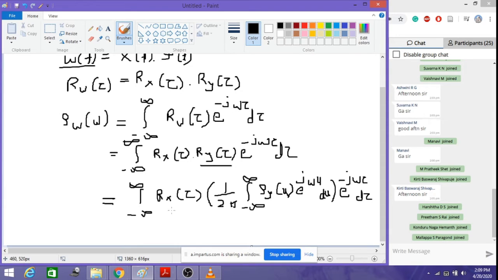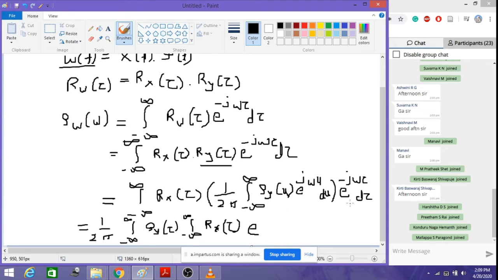Now we will interchange the order of integration. So we get 1 by 2 pi, which I'll take outside, into the integral from minus infinity to plus infinity of Sy of u into the integral from minus infinity to plus infinity of Rx of tau into e power.